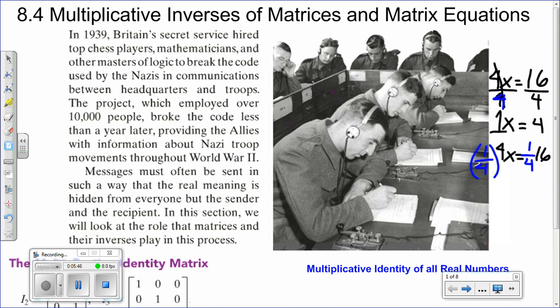Remember, dividing by 4 is the same as multiplying by 1 over 4. Once you do that, you will have 4 over 4 x, which equals 16 over 4. And what you're trying to get is just 1x, the identity.